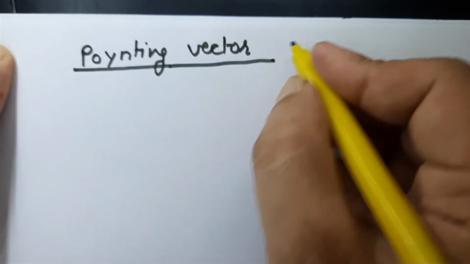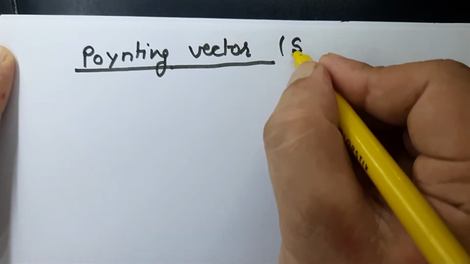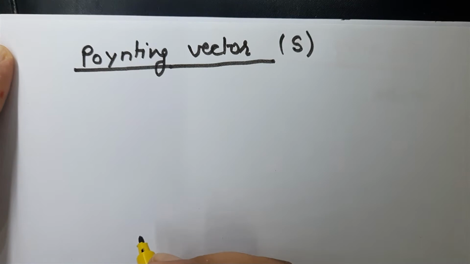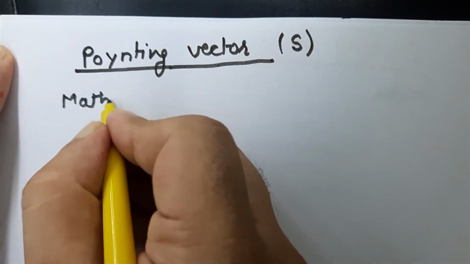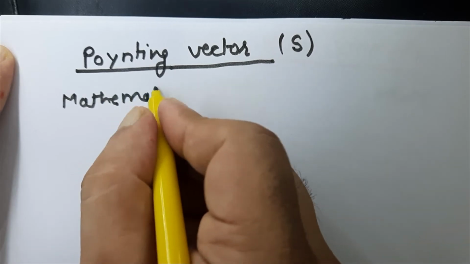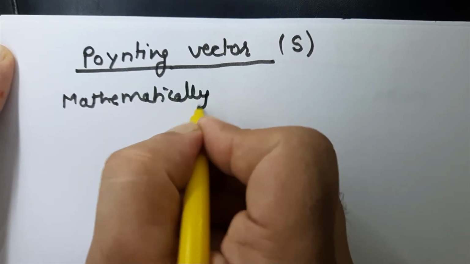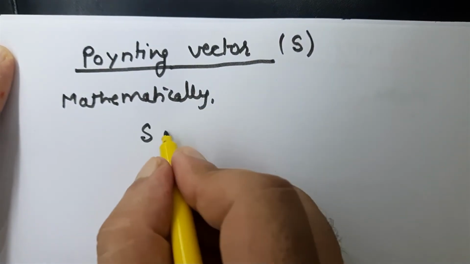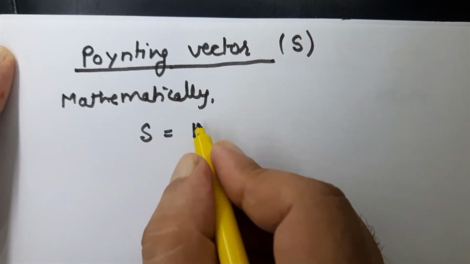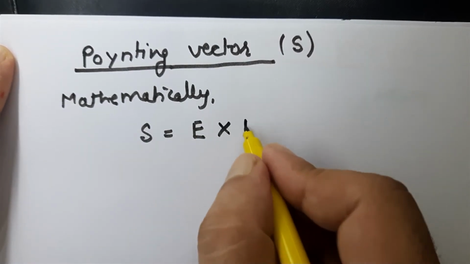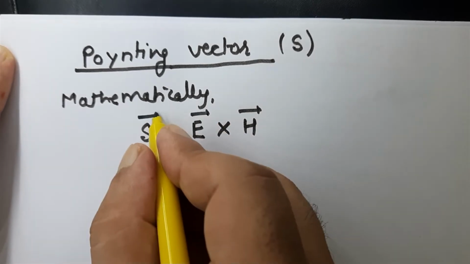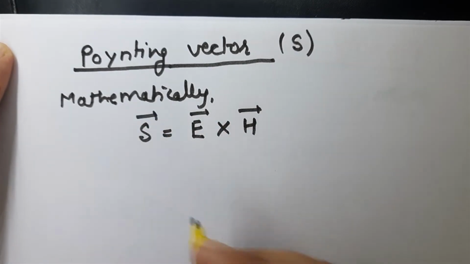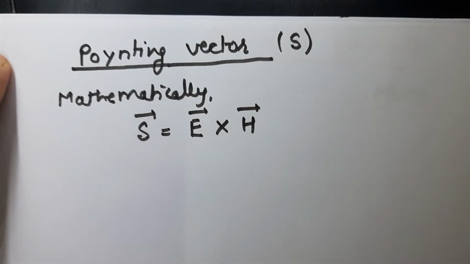This Poynting vector is a mathematical quantity denoted by S, and mathematically it is given by the cross product of electric field intensity and the magnetizing field intensity. So the cross product of these two terms gives Poynting vector.